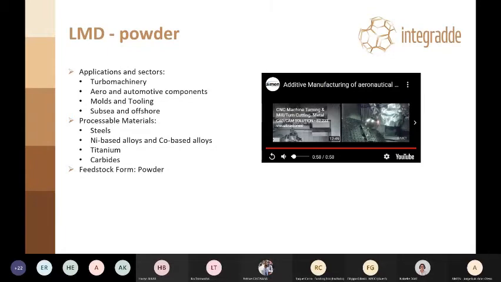That is one of the main advantages, as you can also see in the previous presentation, of LMD and DED processes.